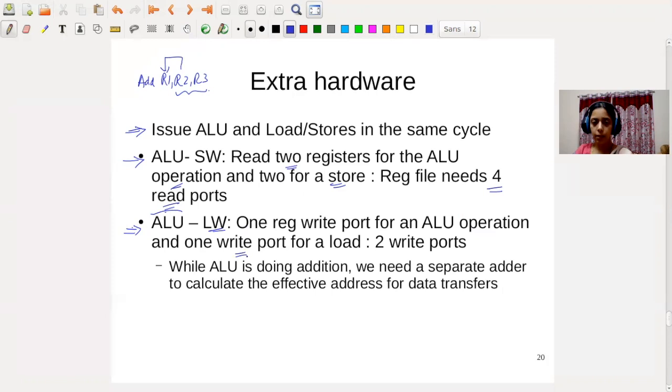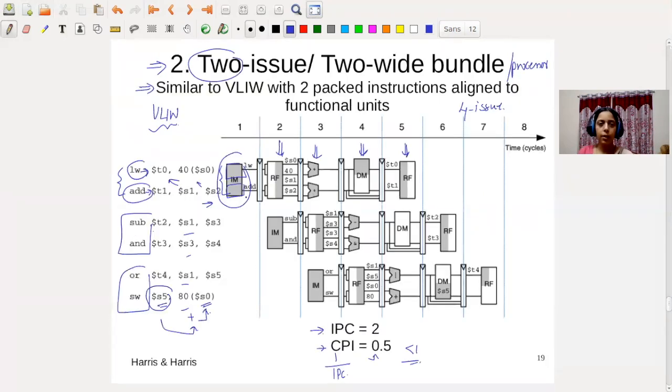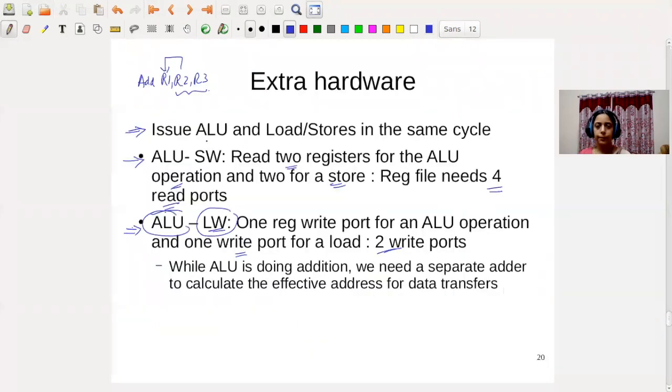So you need another write port. So you need two write ports. Also, while the ALU is doing its addition, the load needs another adder to compute the effective address. The load is going to compute the effective address by adding 40 plus S0. So you need an extra adder for that.